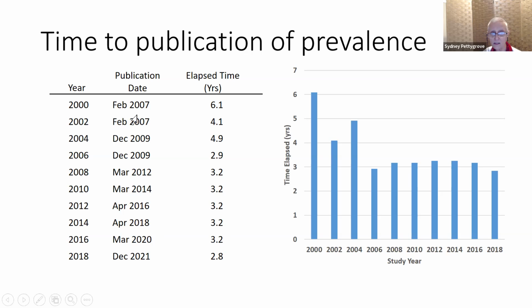This 6.1 years is just a reflection of how long it takes to set up something like this. And when new sites come in, it tends to be a long time before they can really get up and running. I expect that our 2020 data will, we're hoping, come out in somewhat less than 2.8 years.